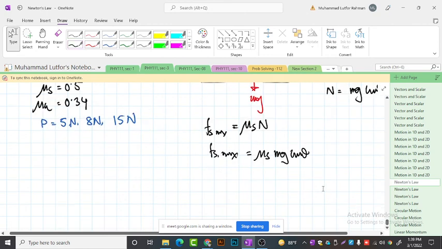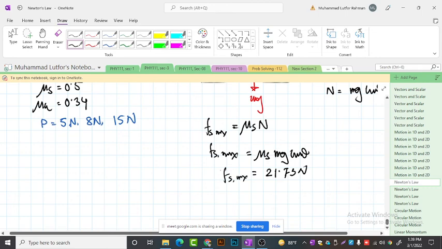I know every value over here: mu s is 0.5, mg is 45, and theta is 15 degree. If you plug in, you will find that Fs max is going to be 21.73 Newton.